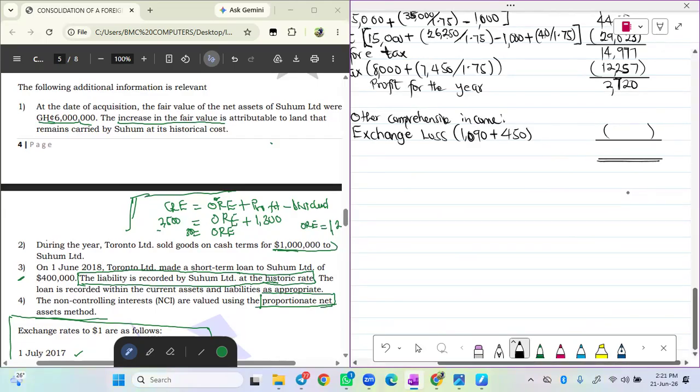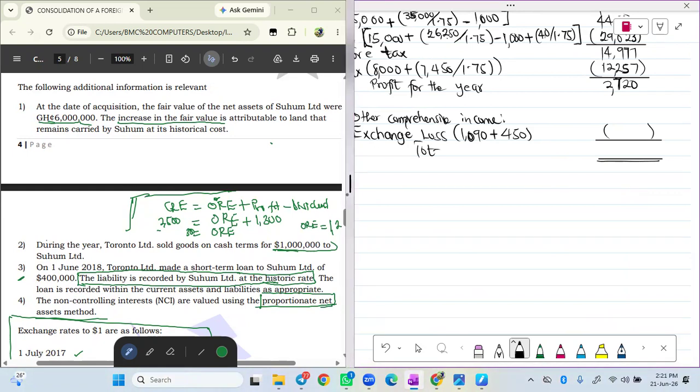So what will be the total comprehensive income? First of all, give me the total exchange loss before we go on to the total comprehensive income. So please, just these figures.